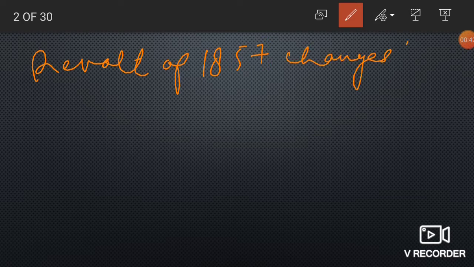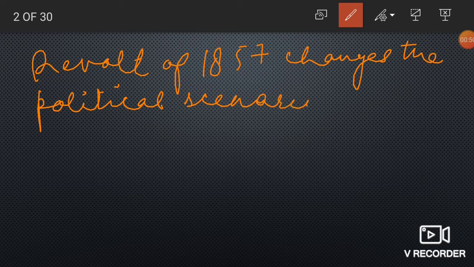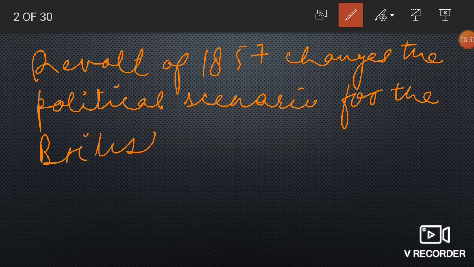See, the revolt of 1857 changed the political scenario for the Britishers in India.